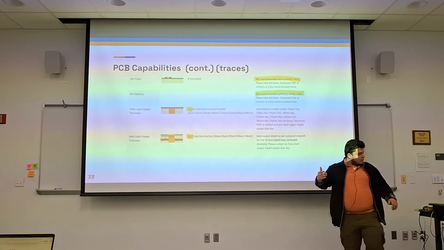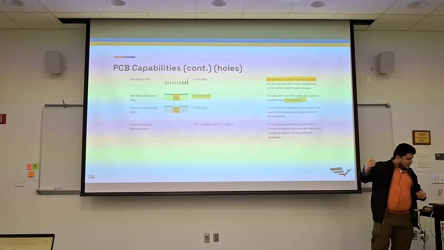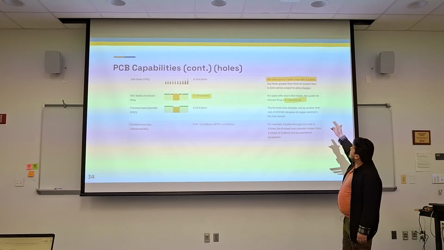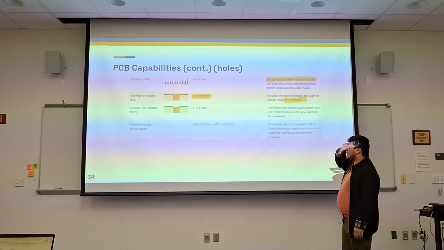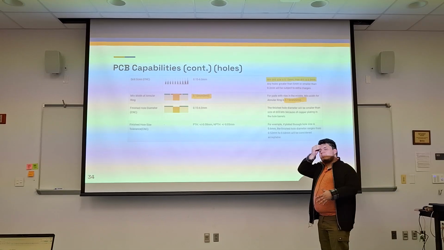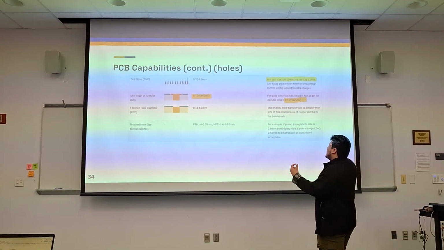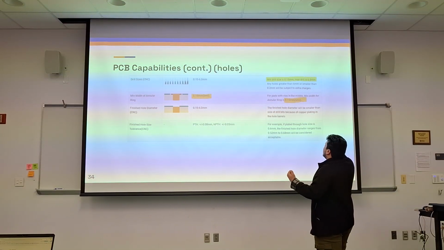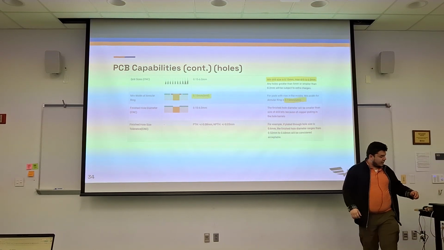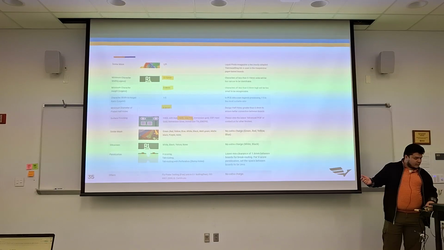You can also choose your copper weights. And then this is where we get into drills. So your smallest drill size is 0.1, well, it actually said 0.2, which is 8 mils. So you want all of your holes to be above 8 mils diameter. And then the annular ring, you also want to make sure you give it 6 mil annular ring or more, if possible.